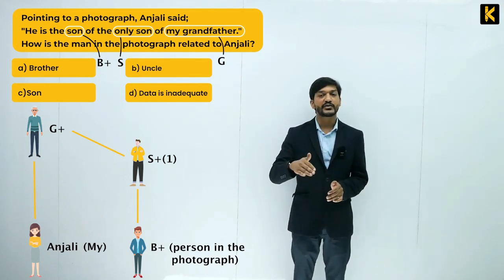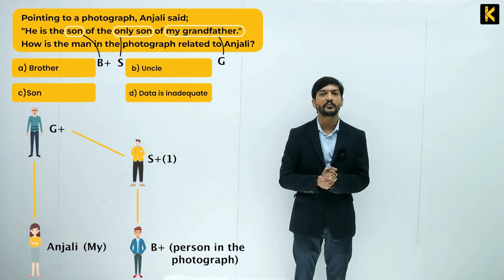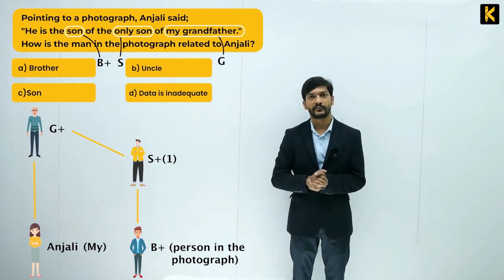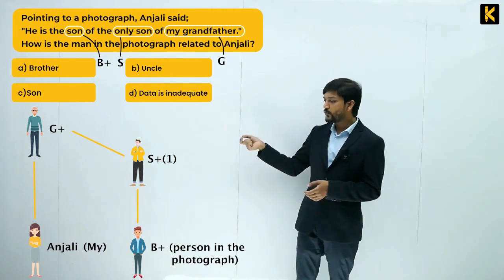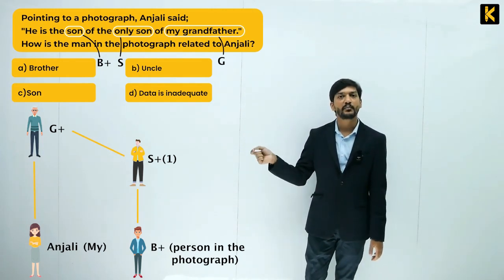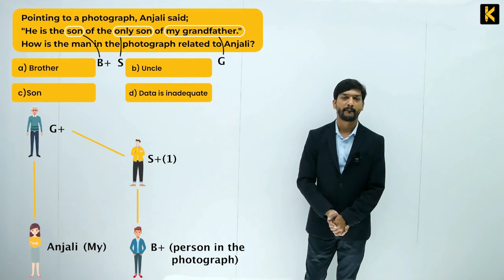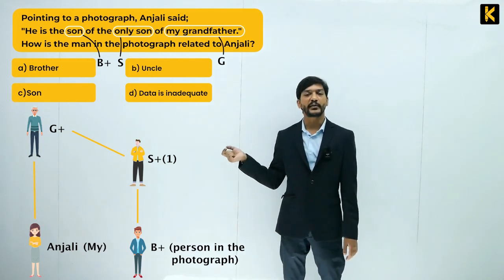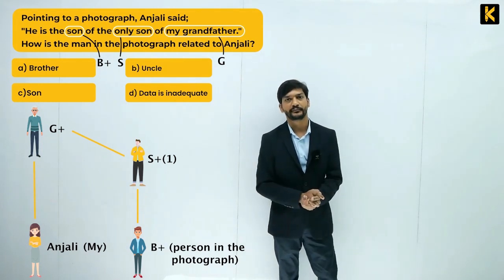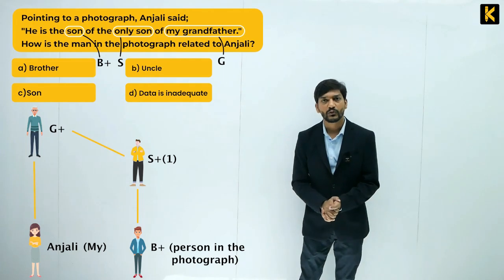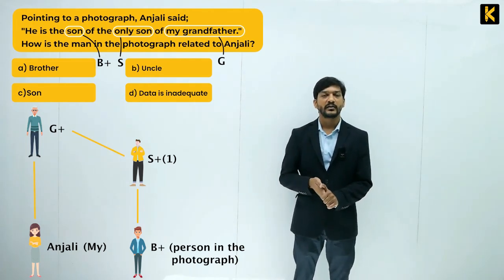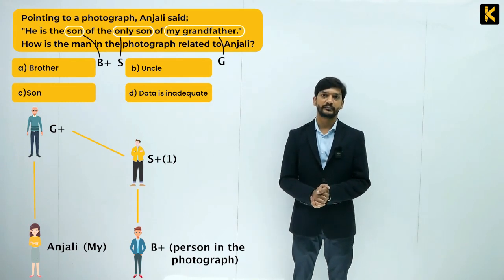So if Anjali is talking about that male person, she will say he is this and this. So this he, whoever it is, is the same person in the photograph. So who is in the photograph? The person B. Now the question is, how is the man in the photograph, that means this B person, related to Anjali?